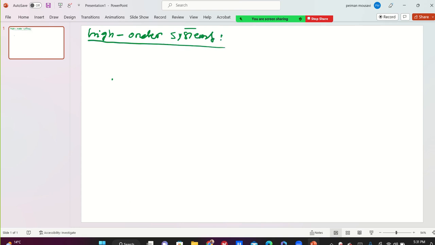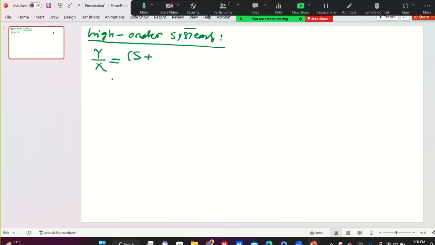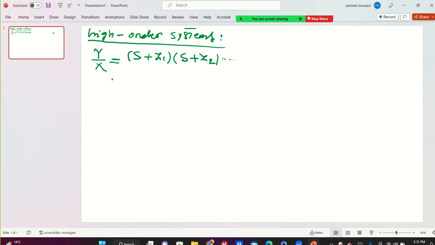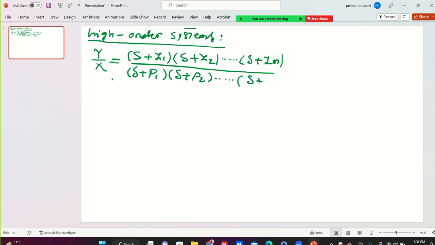So in high order system we can write that Y over X equals s plus z1, zeros of the system, plus z2, s plus zm, divided by s plus p1, pole of the system, s plus p2, s plus pn.